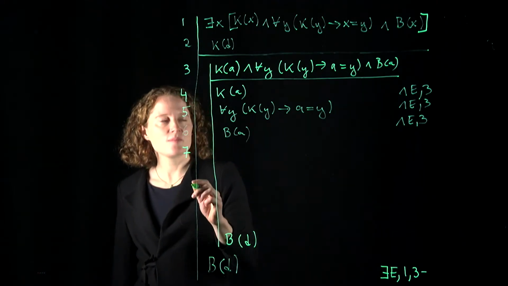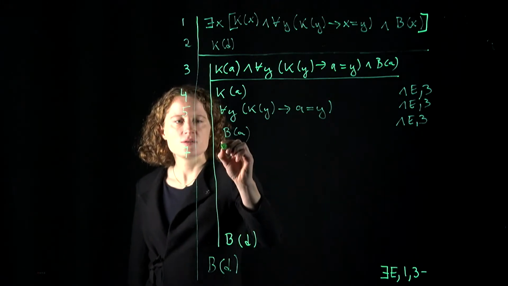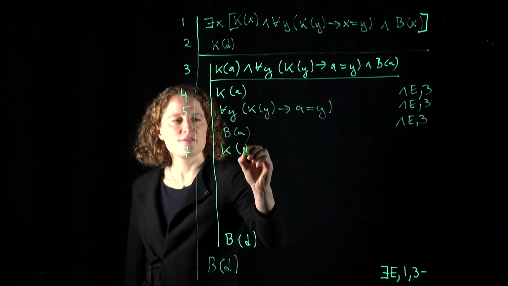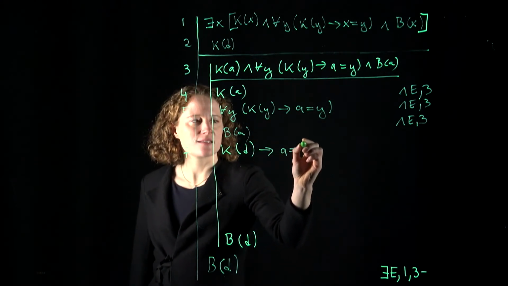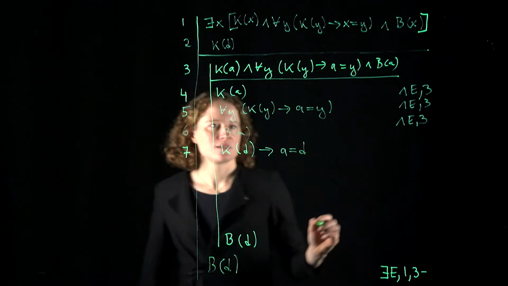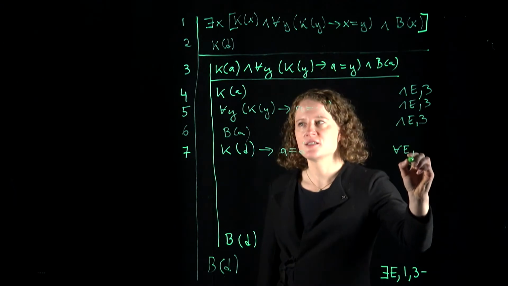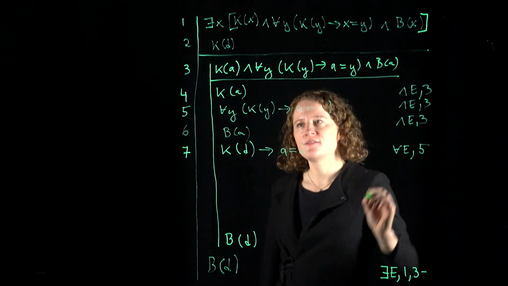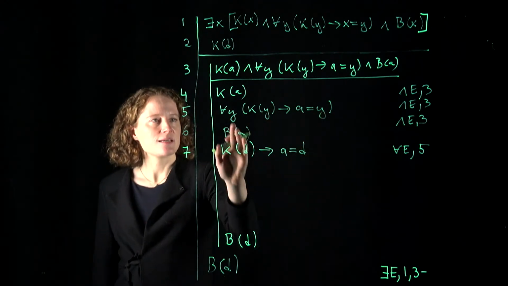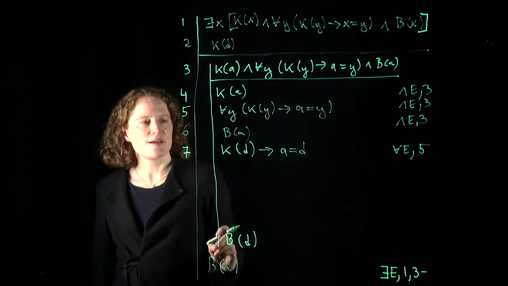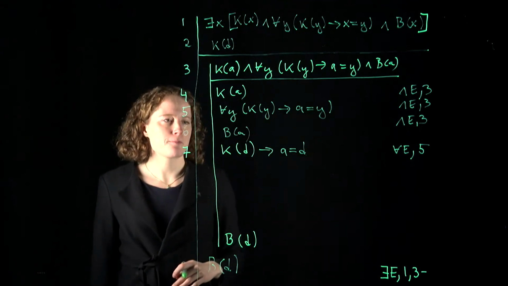So I am going to use universal elimination to infer that if Kd, then a is identical to d. This step is justified by universal elimination applied to line 5. Here I've simply taken my universally quantified sentence, deleted the universal quantifier, and substituted the name d for the variable y.